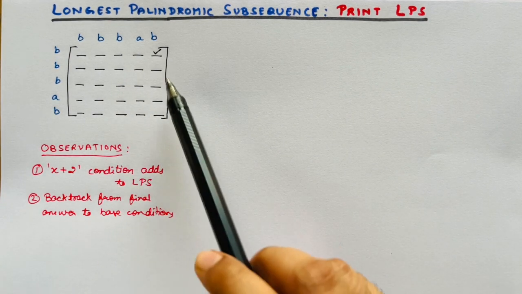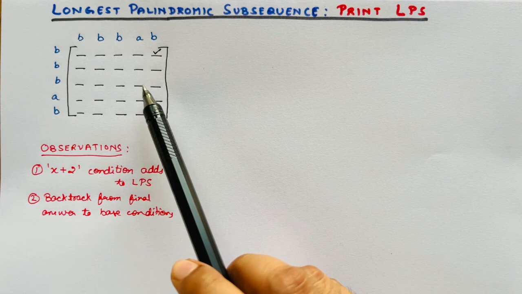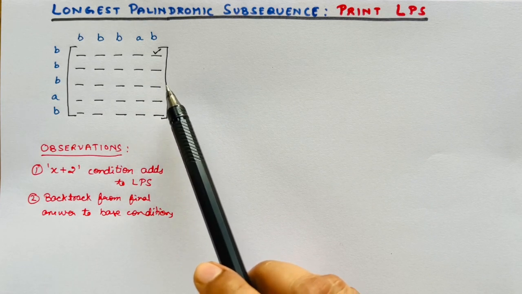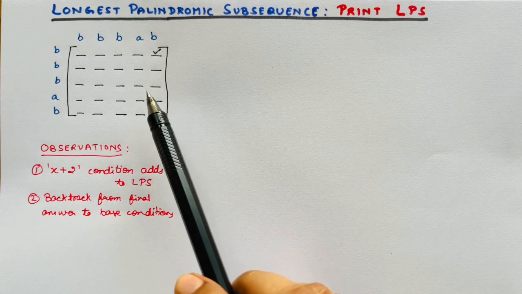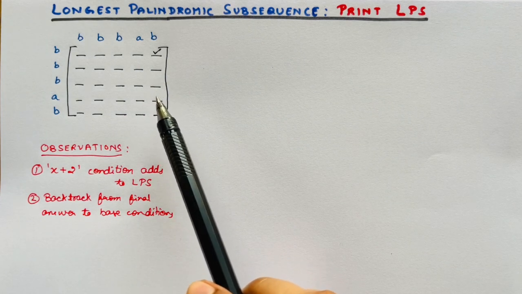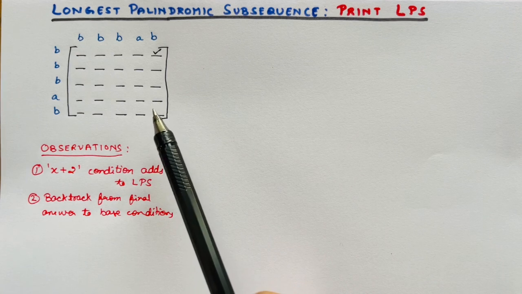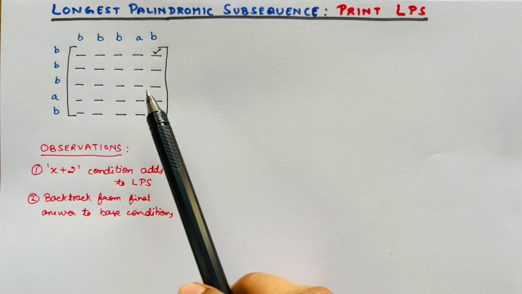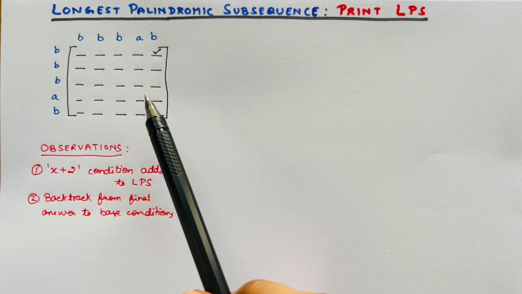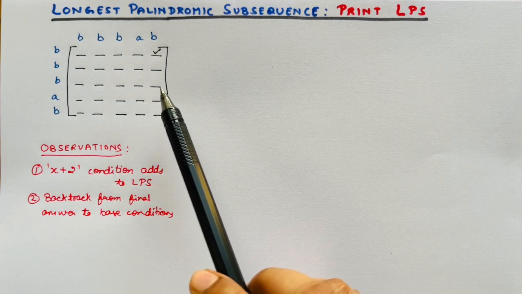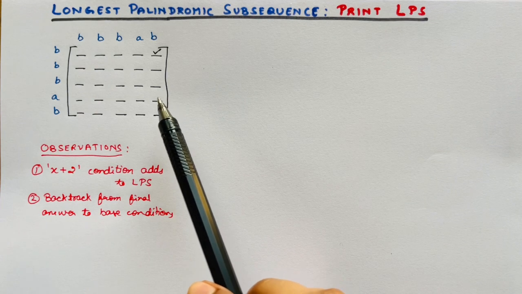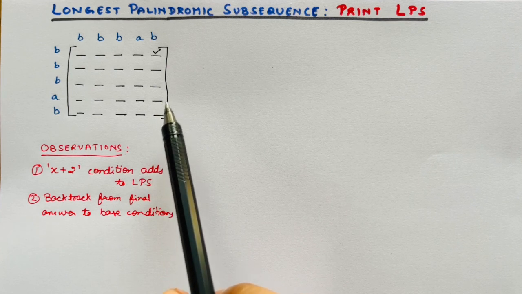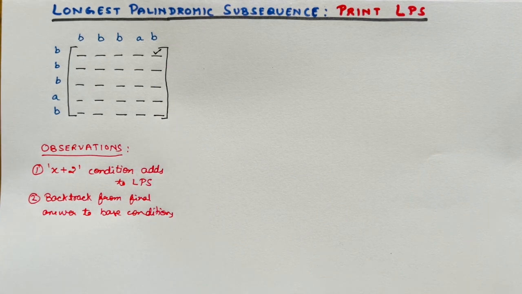Since we are backtracking in reverse order, we will get the characters that are farthest from the middle first, and the characters closest to the middle of the palindrome last. So what will be the best way of storing these characters? We can store them in a stack, because a stack follows last in, first out. So the last character to go in the stack will be the closest to the middle.